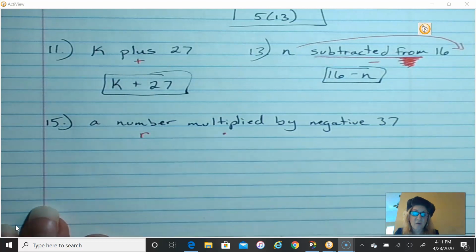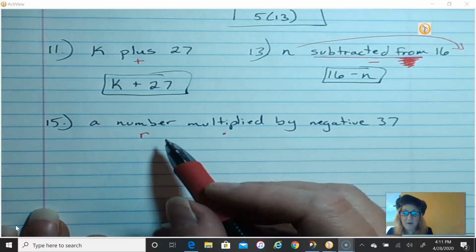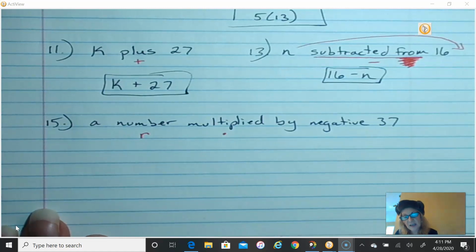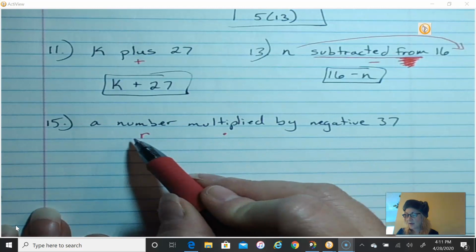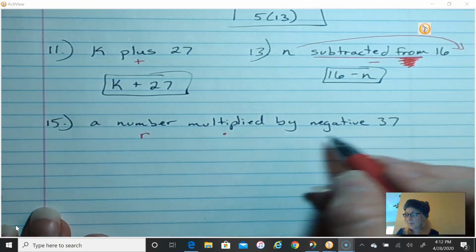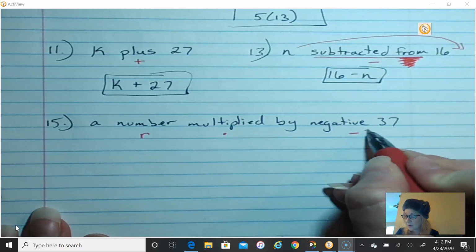Y'all can call it whatever you want, by the way. I'm calling mine R. Cecilia could call hers C. Emma could call hers E. You know, Josh, J. Aiden, A, whatever. So a number, we don't know what it is, so it's R, multiplied by negative 37.